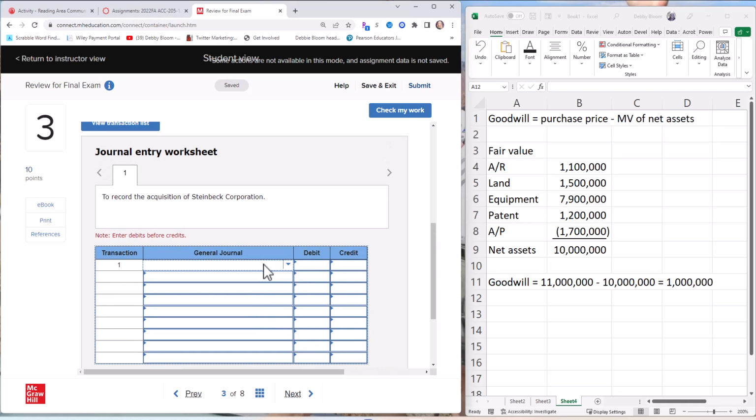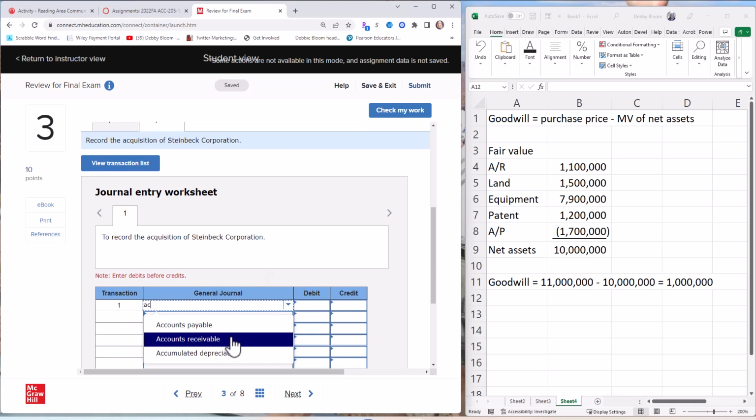First, we bought some accounts receivable. We can see all the assets there for $1,100,000. We bought the land for $1,500,000. We purchased the equipment for $7,900,000.